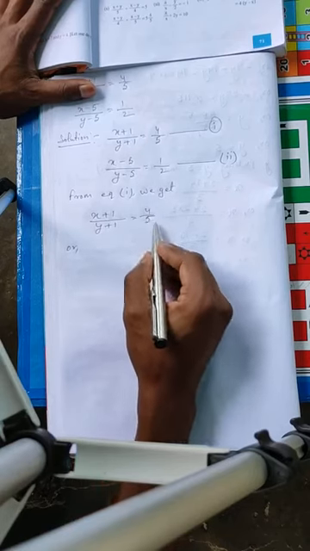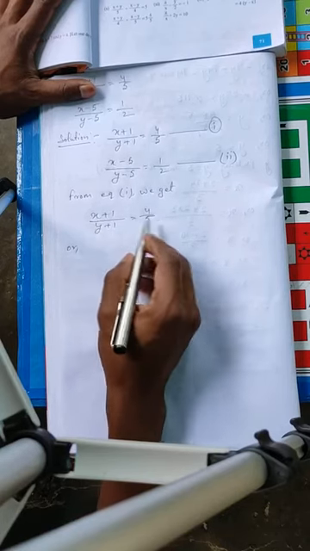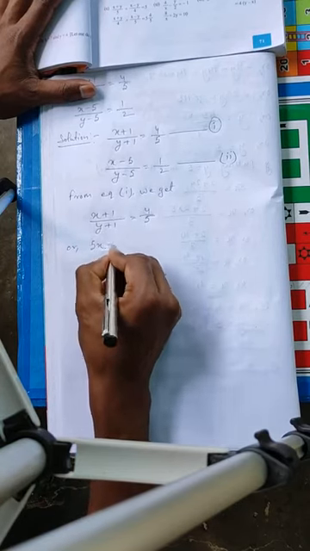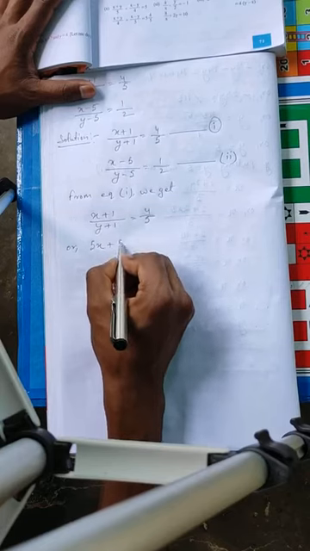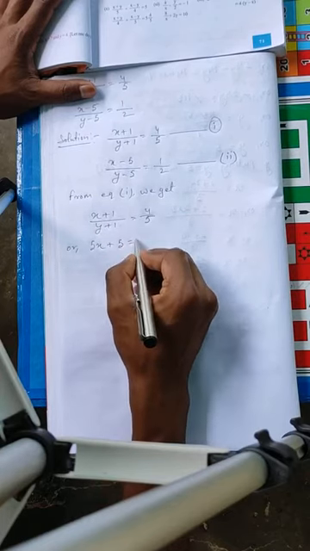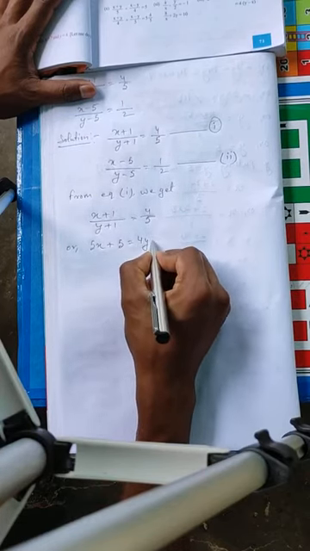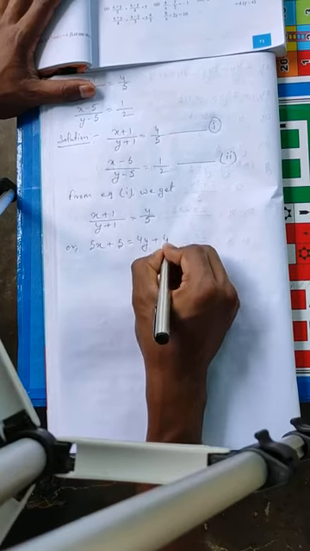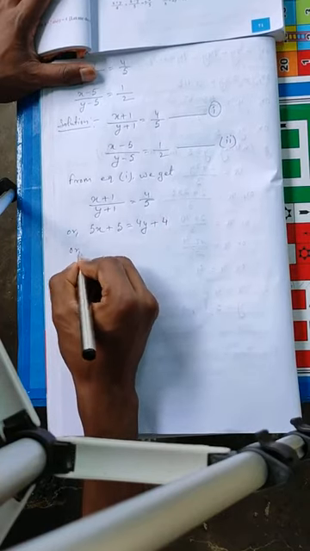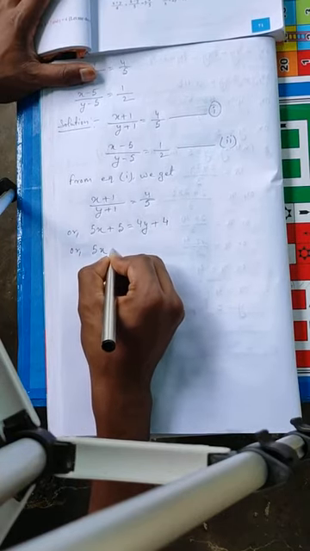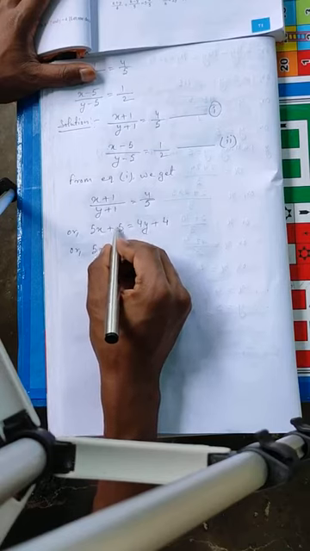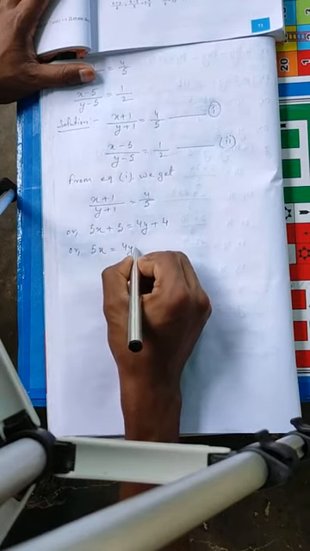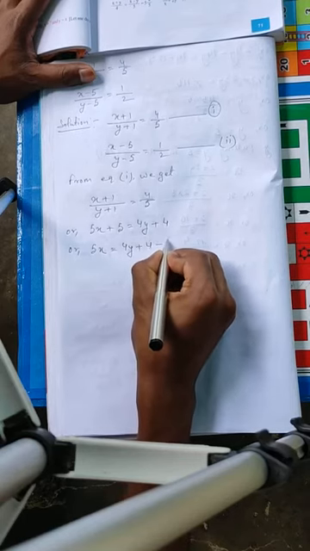So 5 into x is 5x, plus 5 ones are 5, equals 4 into y is 4y, plus 4 ones are 4. For 5x, the 5 transfers to the right side, then that is minus 5: 4y + 4 - 5.